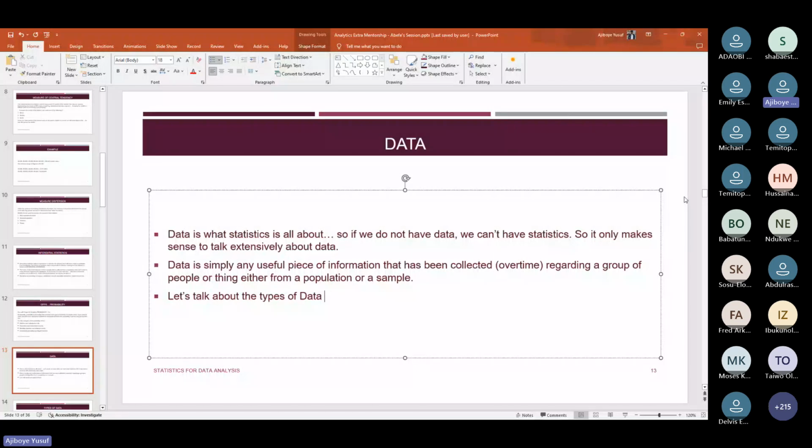Now, if I collect this information, I can actually process it and extract useful insights from it. But that's not the point here. Data is just useful information that has been collected. So there are contexts to data. If I'm talking about health, obviously you see things like genotype, blood group, your height, your weight.